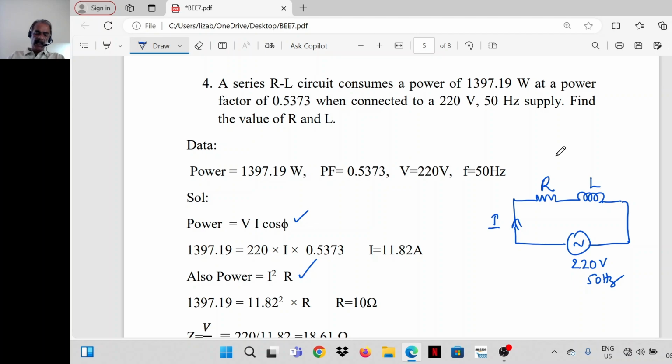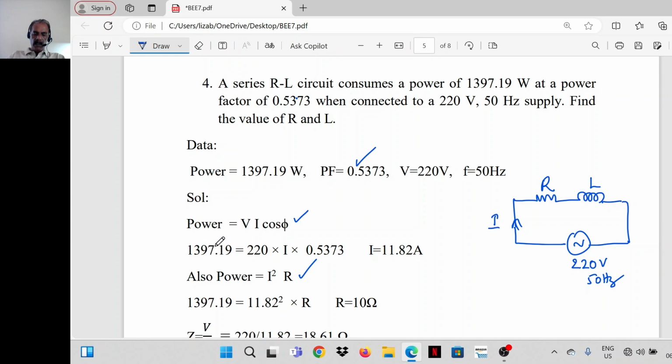If we use VI cos phi, then the power consumed by the circuit is 1397.19, equal to 220 into I, the value we do not know, into cos phi. Power factor is given as 0.5373.